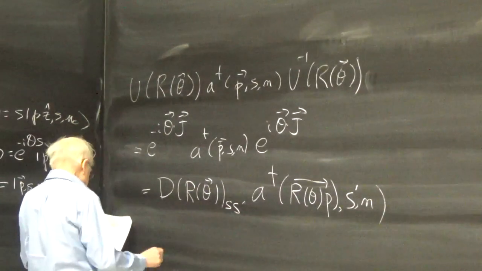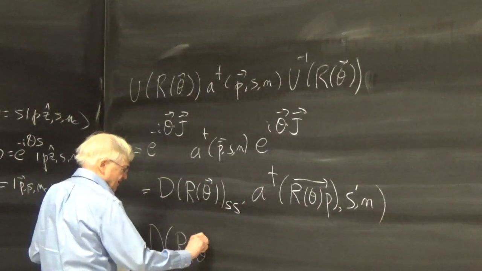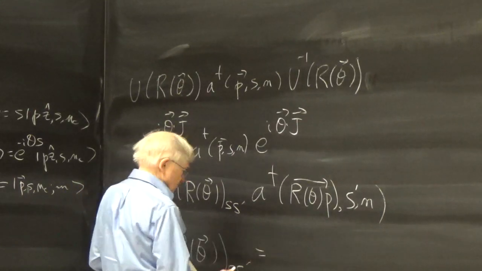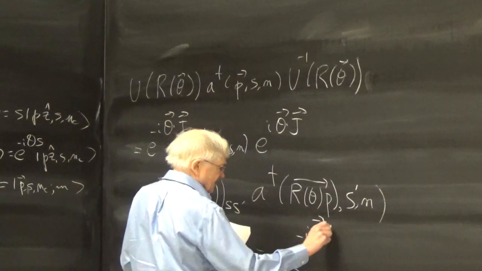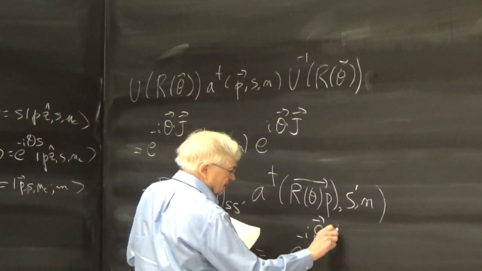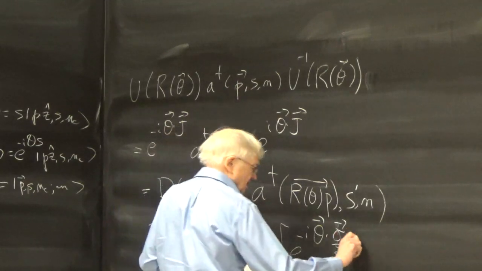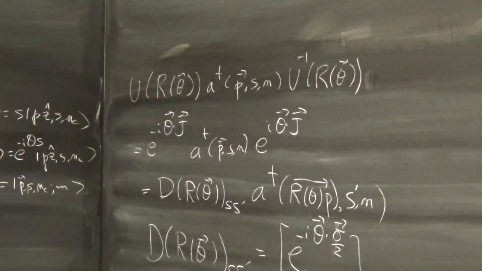Now, what is this D? Well, D(R(θ))_{s's}, this is a 2 by 2 matrix. The 2 by 2 matrix is e^(-iθ·σ/2), where these are the Pauli matrices, and it's just the s s' matrix element of that combination.